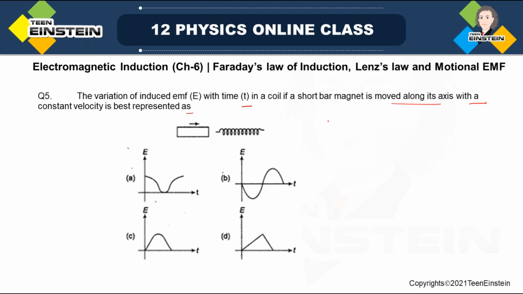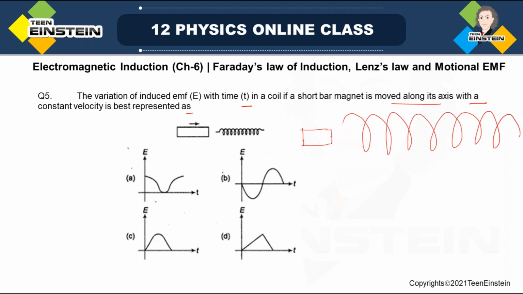The problem is here. See, you have a loop like this, a coil like this. Now you have a bar magnet, a short bar magnet it seems, and you are just moving this bar magnet through this. Suppose this is south pole, this is north pole, whatever it is. When it has just entered, there is flux linked in the loop, and since it is moving, there will be a change in the flux, so there will be induced EMF.